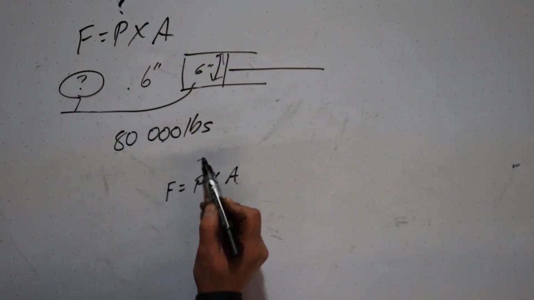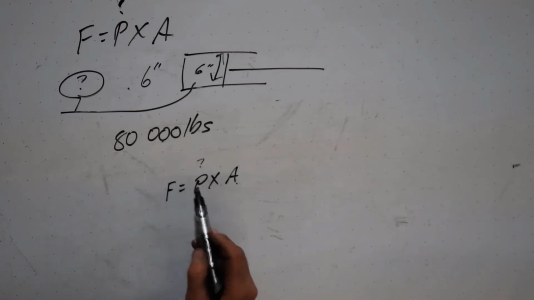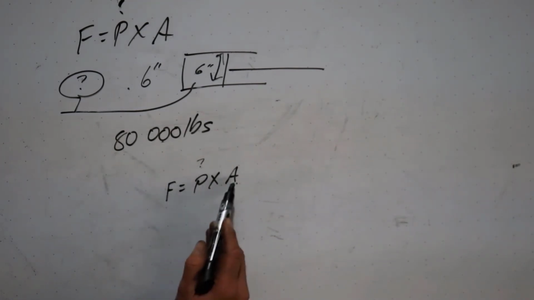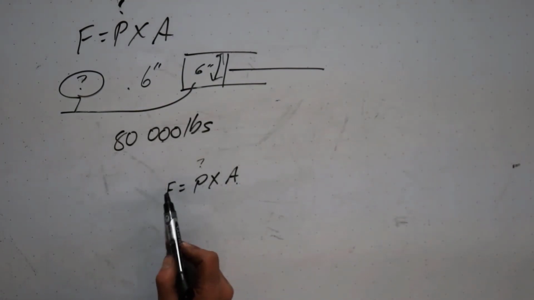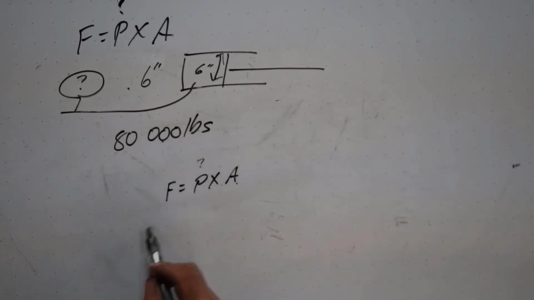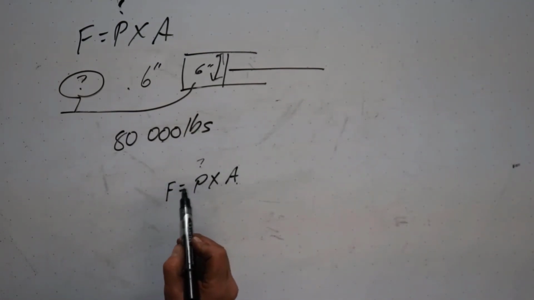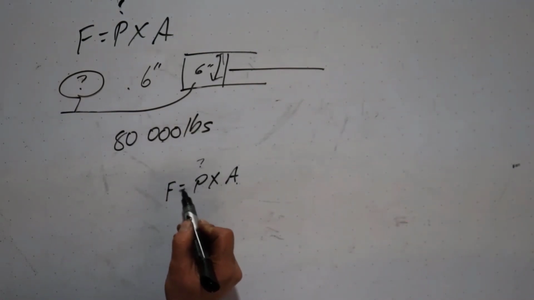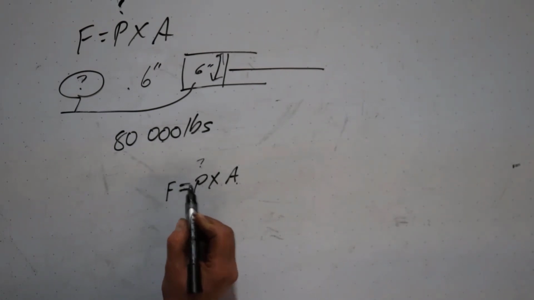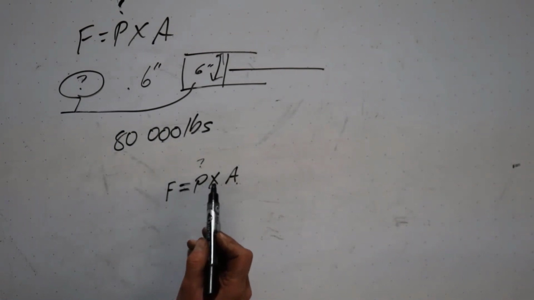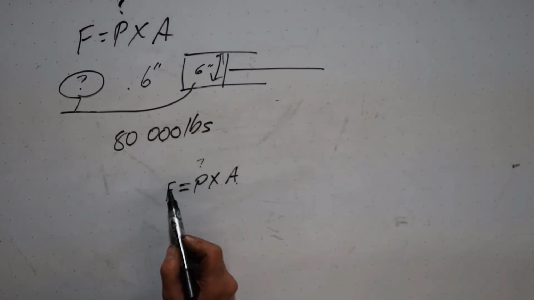So if you have an unknown here, we need to get all the knowns on the same side of the equal sign. So I need to move this A over to here. Manipulating formulas, whatever happens on this side of the equal sign, the opposite has to happen over here.